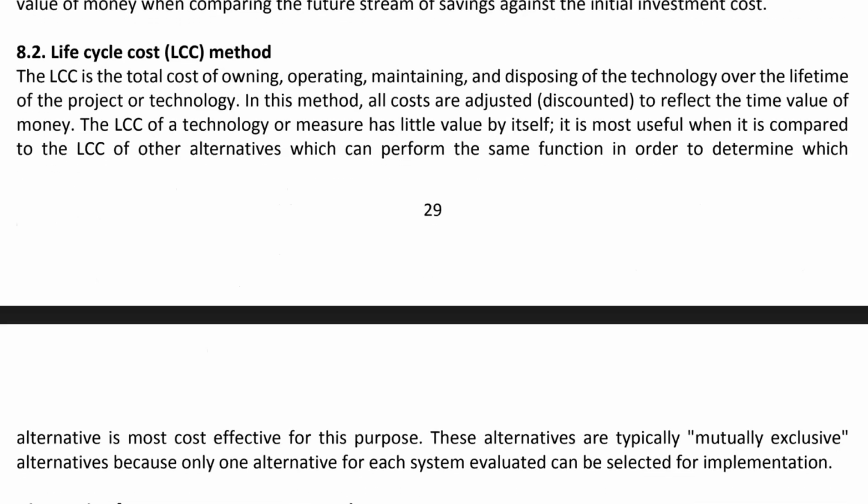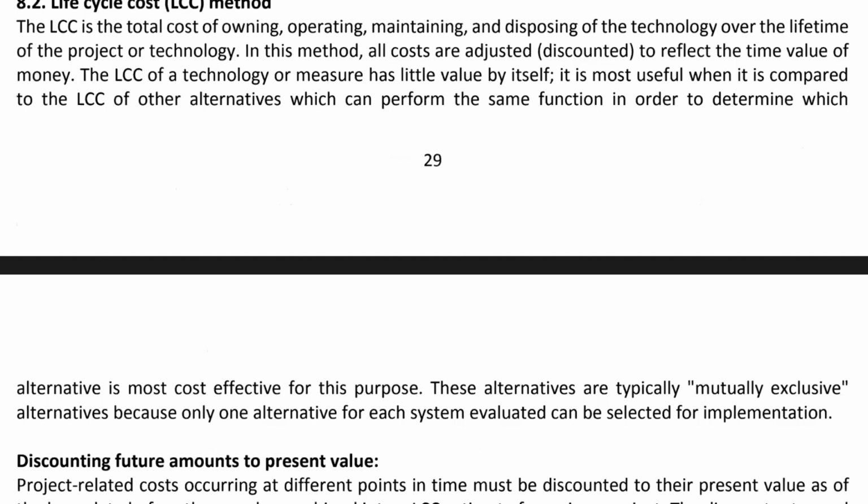So how do we analyze these financial components? First is the LCC method, or the life cycle cost method. Another factor which is to be taken care of while studying the feasibility reports of these projects is that many of the projects, or the maximum of the projects you can say, are not invested at one go.